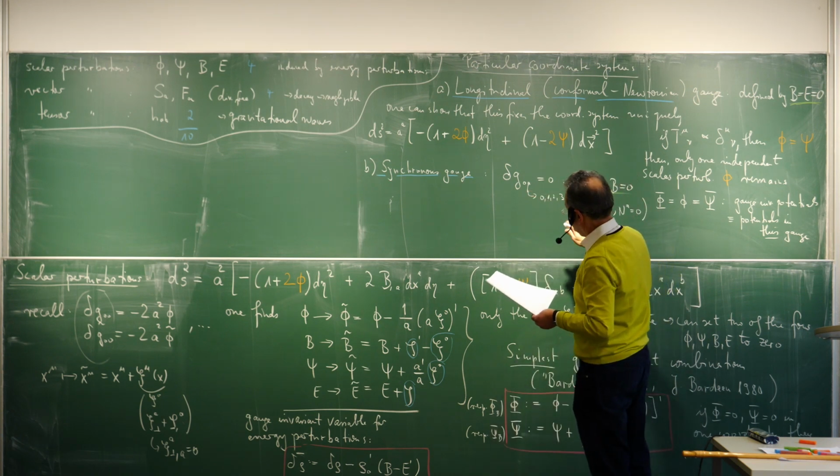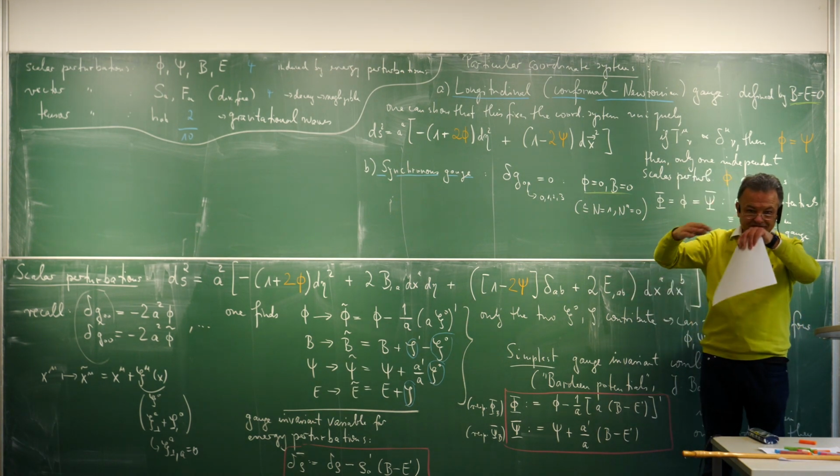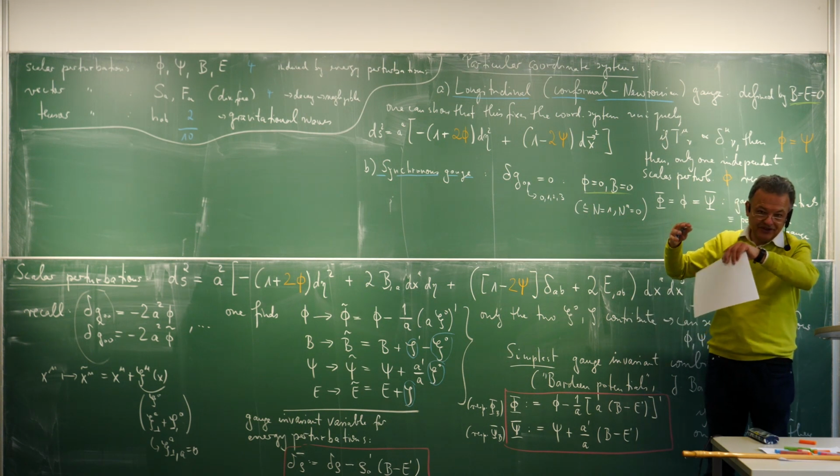This is why it's called synchronous gauge, because time marches in equal steps, because the lapse gives you the change of the proper time with the coordinate time.